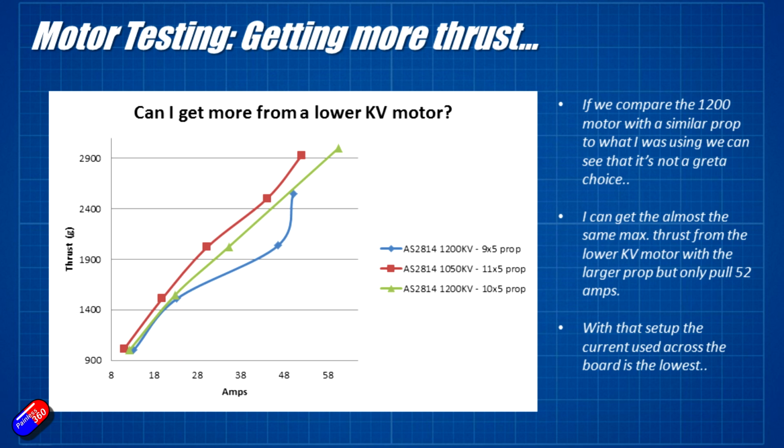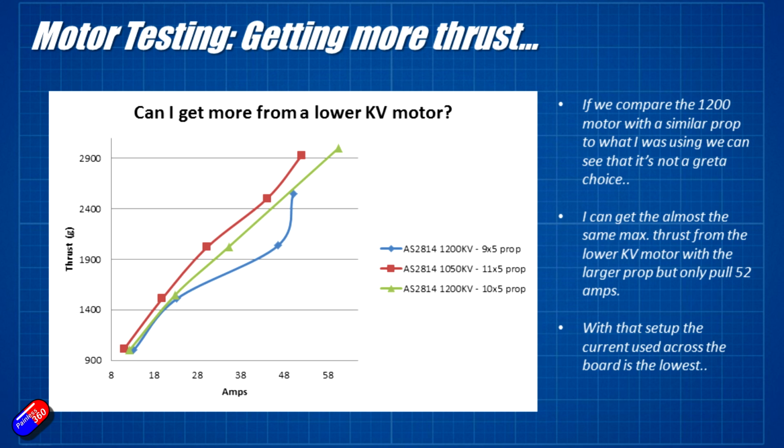However, using that AS2814 1050 kV motor, the leftmost red line with the data points, you can see here that the amount of amps being drawn to give pretty much the same amount of thrust is significantly lower using a 1050 kV motor with an 11 by 5 prop than using a 1200 kV motor with the 10 by 5 inch prop.